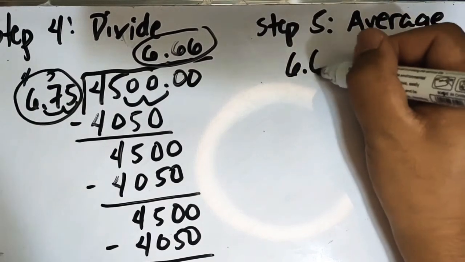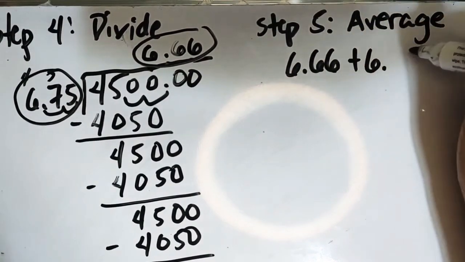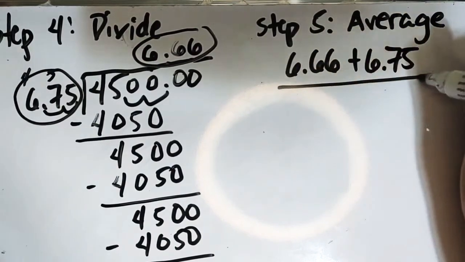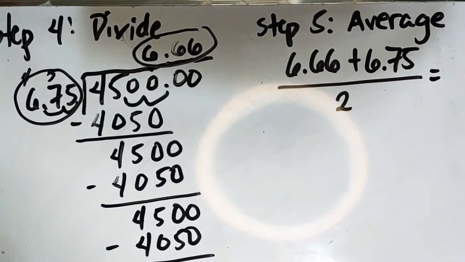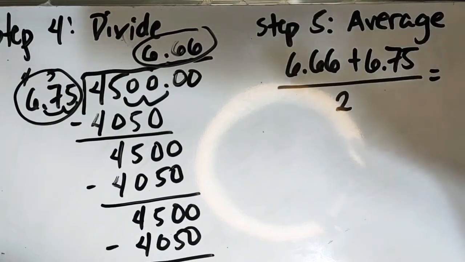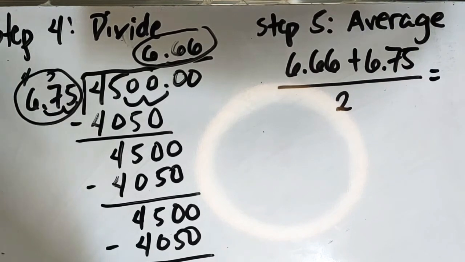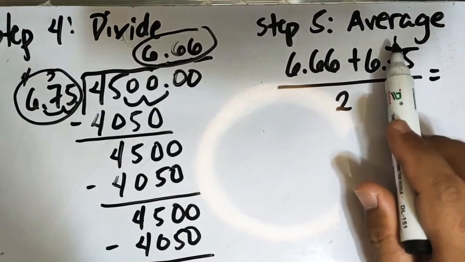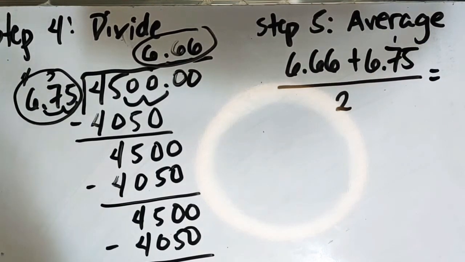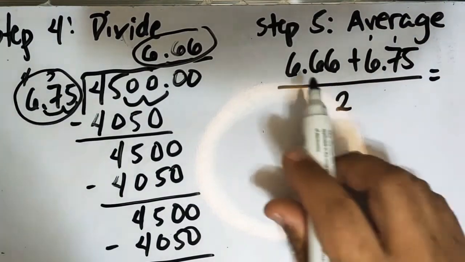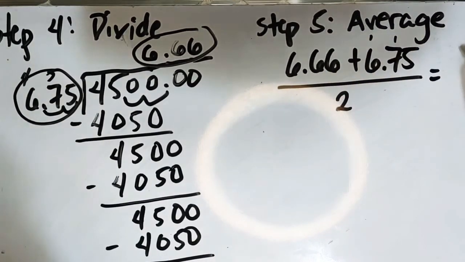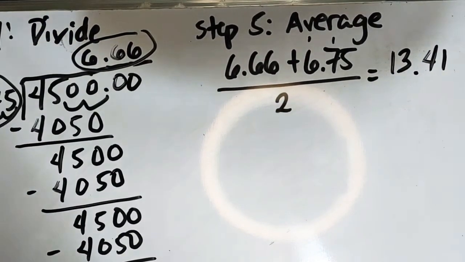So, 6.66 plus 6.75 divided by 2 is equal to, so we got 6 plus 5 is 11, carry 1, 6 plus 7 is 13, plus 1, 14, carry 1, 6 plus 6 is 12, plus 1 is 13. So we have 13.41 divided by 2.